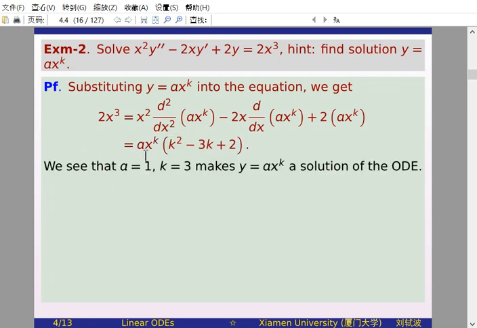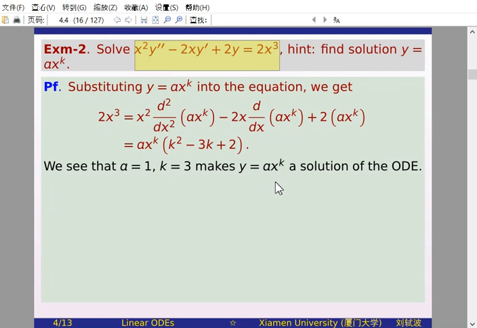Therefore, the function y equal to x cubed is a solution of our non-homogeneous equation. This is the particular solution of the non-homogeneous linear equation.